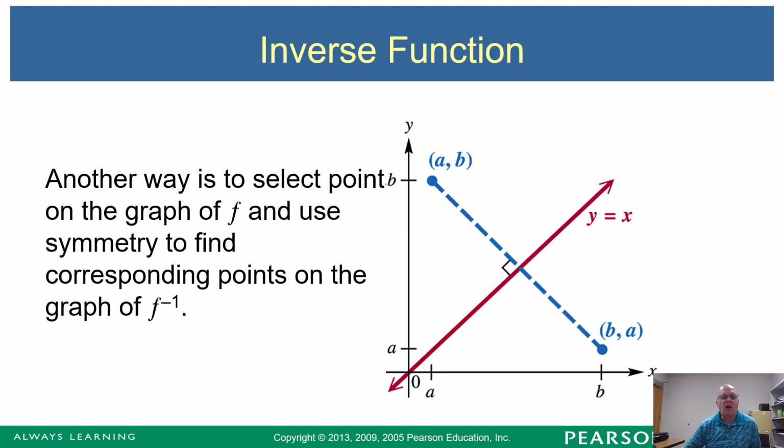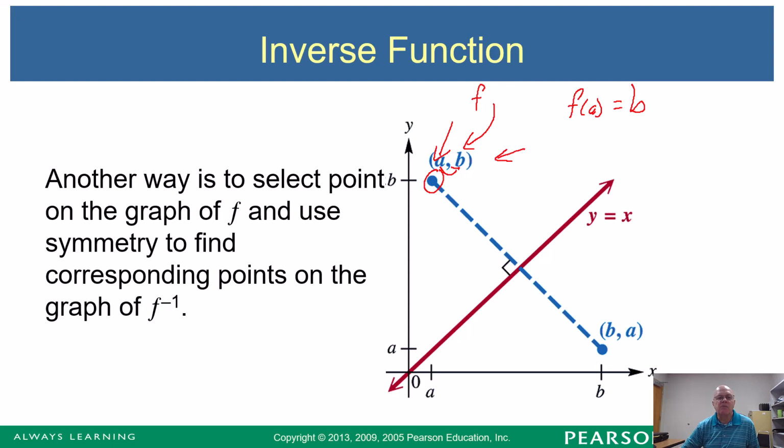So here is a point on a function. The function f takes a to b. In other words, f of a equals b is what this means.